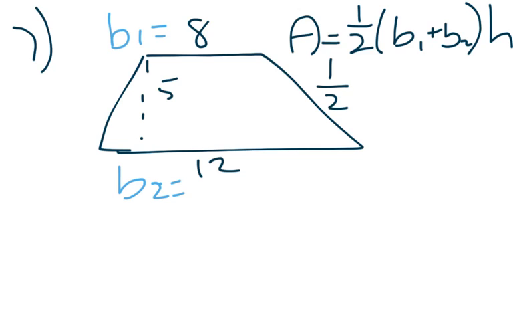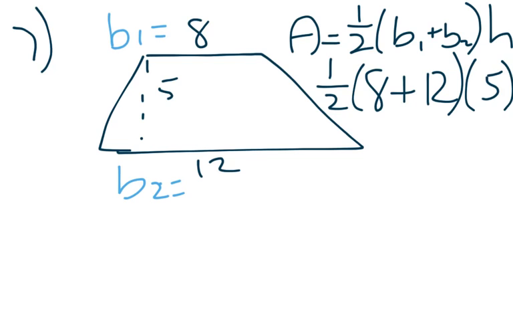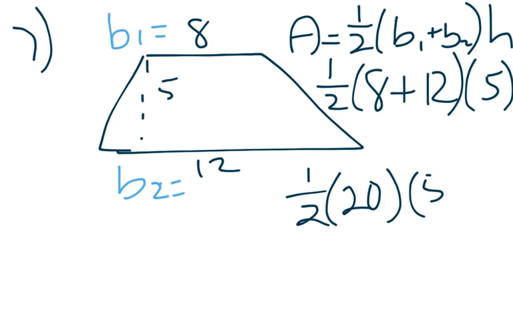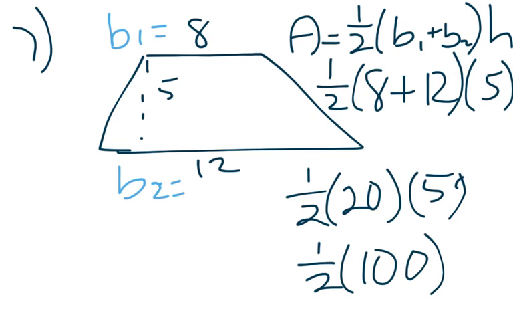So the first base is 8, and the second base is 12, and the height is 5. So we're going to say half of 8 plus 12, which is 20, times 5. 20 times 5 is 100, so we're finding half of 100, and half of 100 is 50.